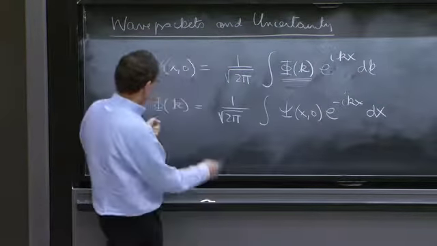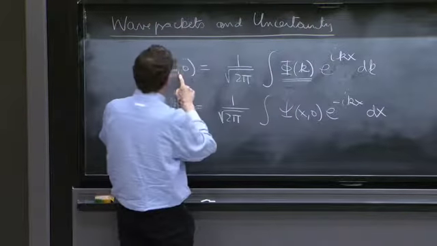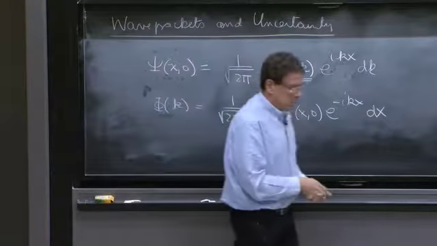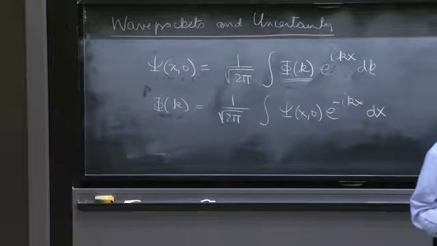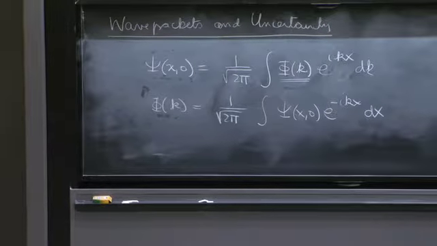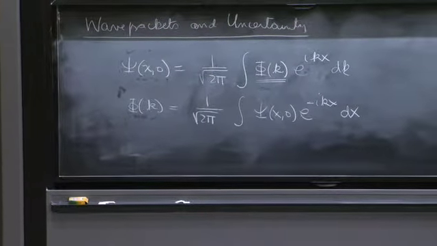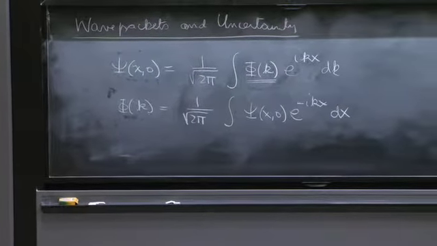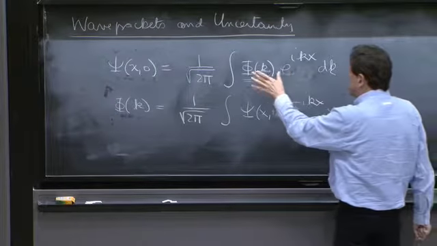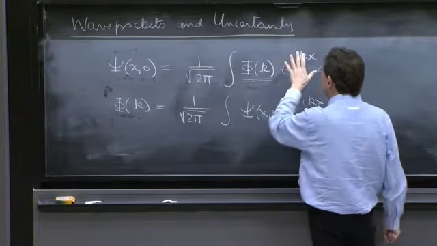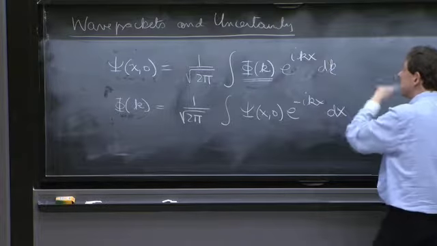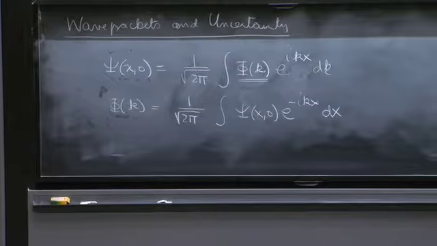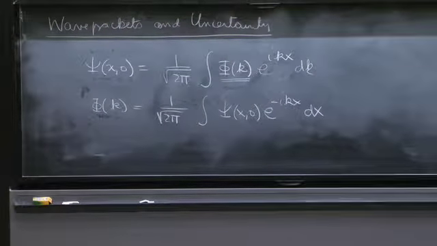And once you know phi of k, you have a way of writing psi as a superposition of plane waves. So we've talked about this before because we were doing wave packets before, and we got some intuition about how you form a wave packet and how it moves. Now, we didn't put the time dependence here, but that can wait.